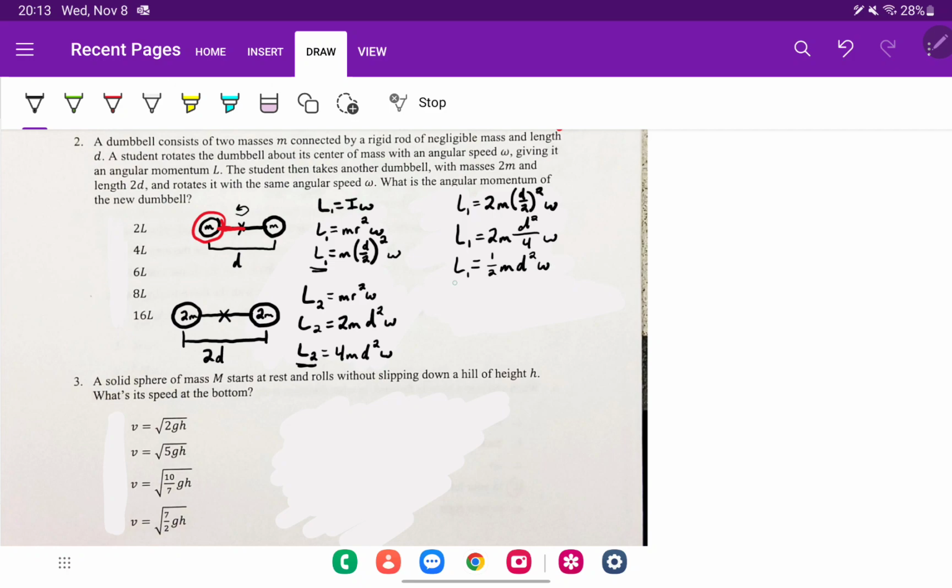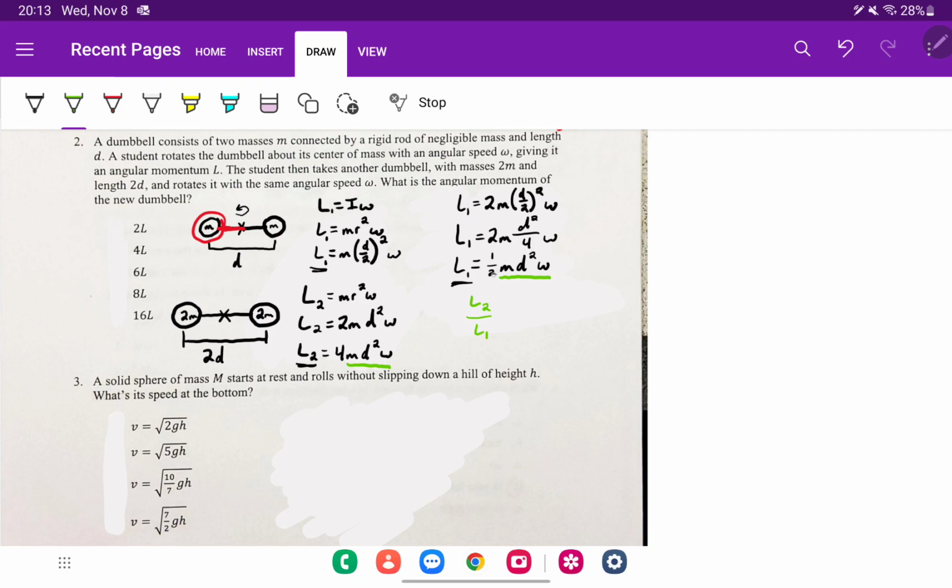So now we have L1 and L2 simplified, and now we can see the relationship between the two of these. There's two ways of doing this. One way is you can just do L2 over L1 to figure out the ratio between the two. Another way, if you can see it, is md squared omega is the same in both of these. The only thing that differs is the 4 and the 1/2.